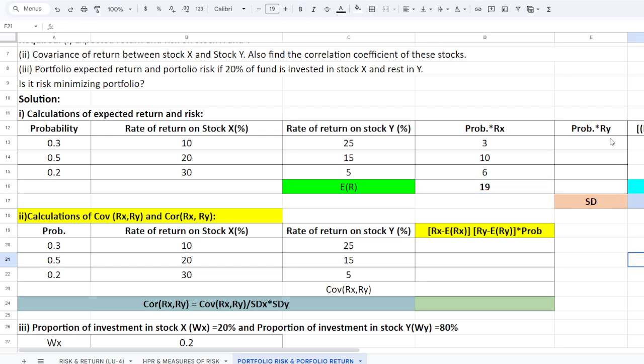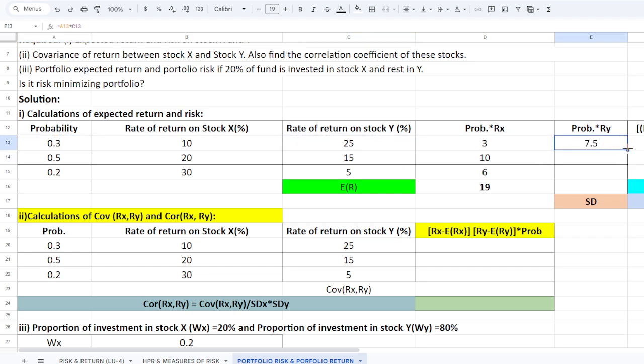Now, what about our probability into RY? I mean the expected return for stock Y. The same process you can follow here: take the probability and multiply it with the respective rate of return, that's 25%.